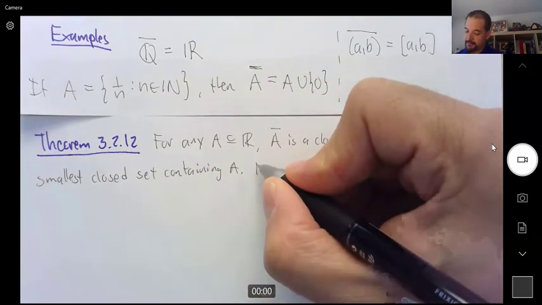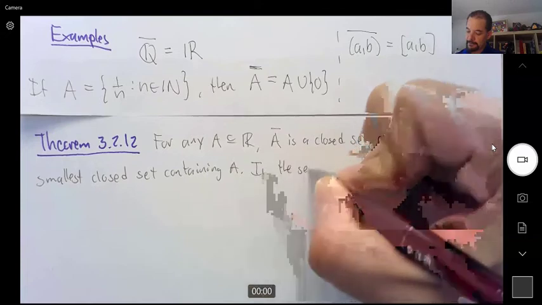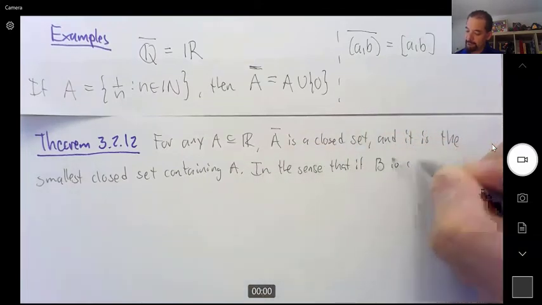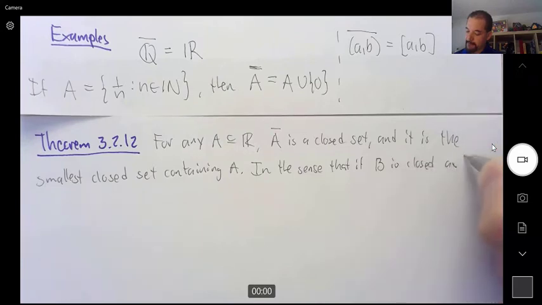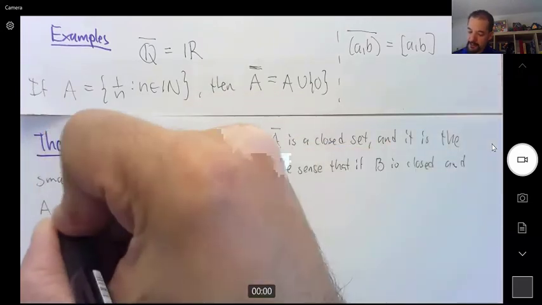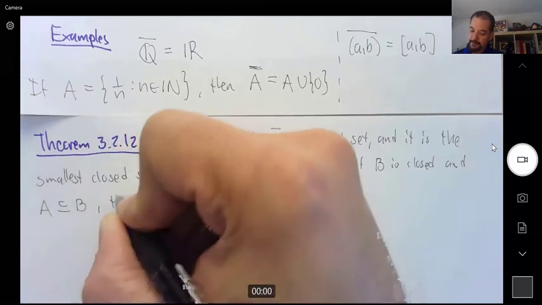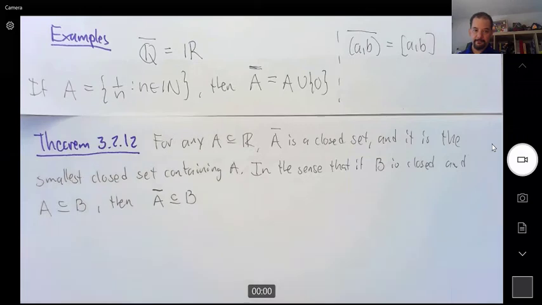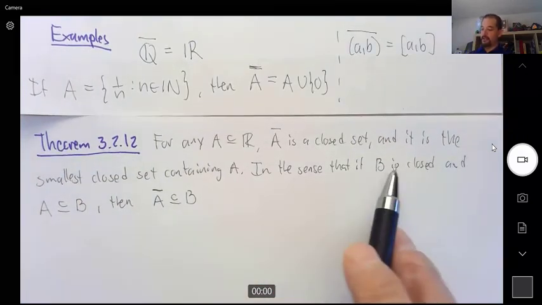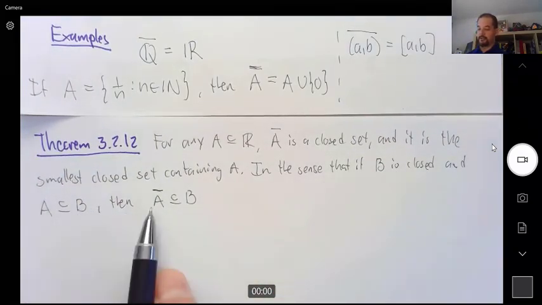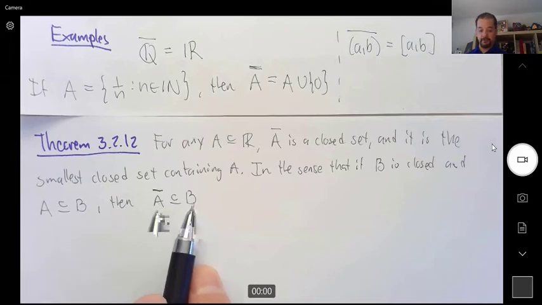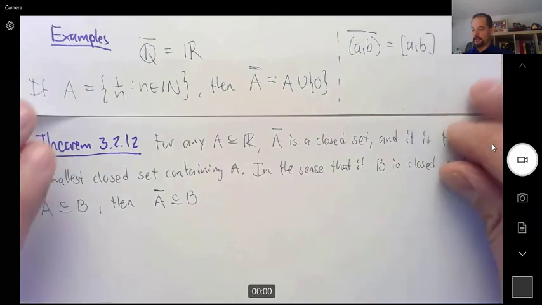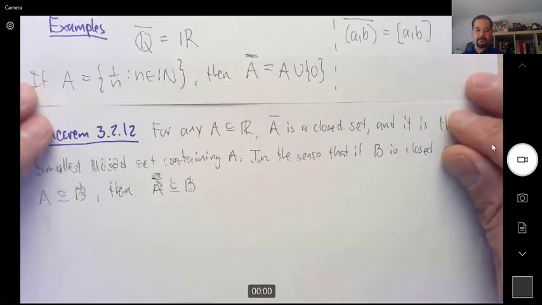In the sense that if B is closed and A is inside B, then the closure of A is inside B. So if you find any other closed set that contains A, then the closure is even smaller. The closure is inside B. All right, so it kind of makes sense.